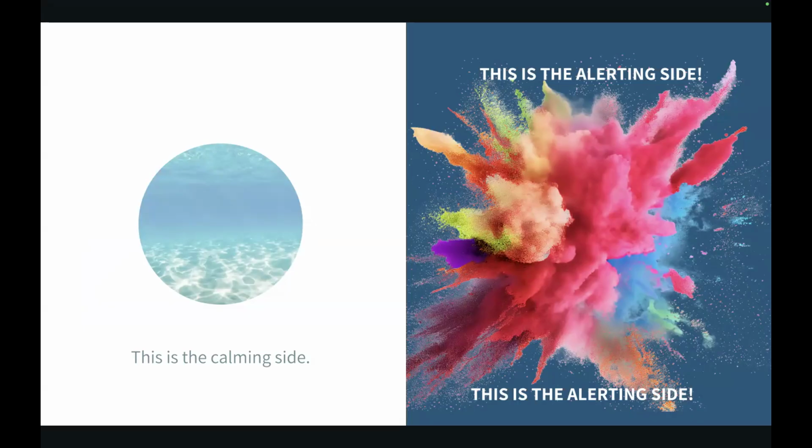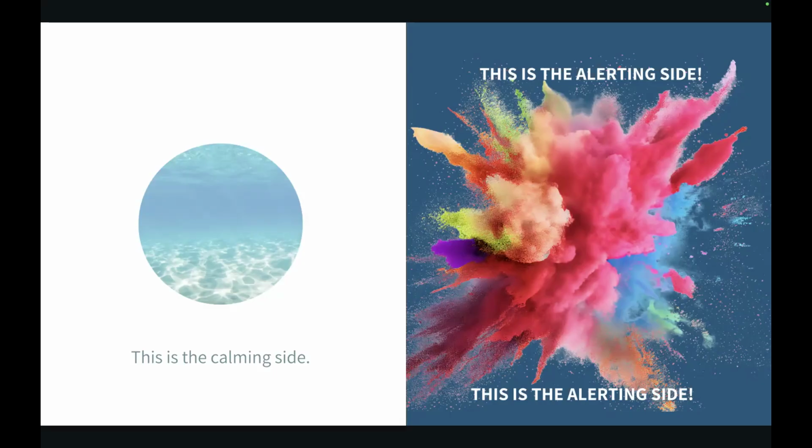With visual input, everyone experiences it differently as well, but people tend to experience visual input as more calming if there's less clutter, if there are more muted colors, more pastel colors, and also with nature, ocean, landscape. Visual input tends to be more alerting if there's more clutter, if there are more bright colors, and if there's higher contrast in colors.